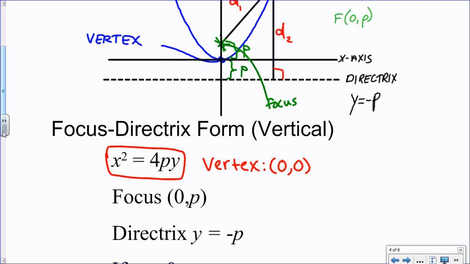It's not an asymptote either, so the parabola doesn't approach it. But you can kind of think of it like an asymptote, meaning it can't cross or touch the parabola. So what the directrix will be, if you have a vertical parabola, your directrix will be opposite and be horizontal. That is why for the equation of the directrix, it's a horizontal line, so it's y equals, and then it's the opposite of the direction you moved for the focus.